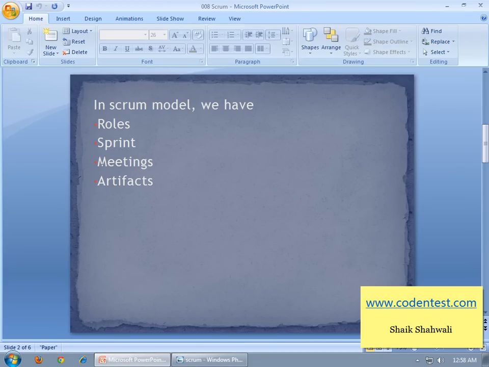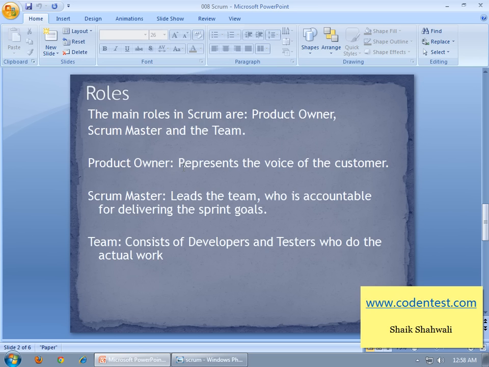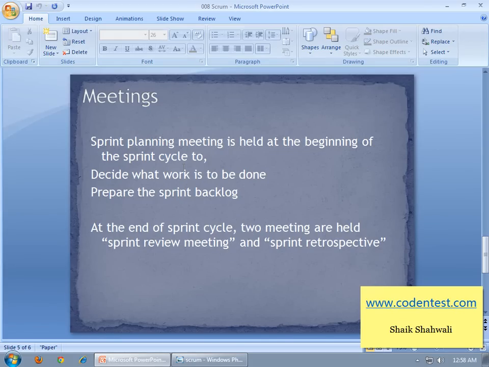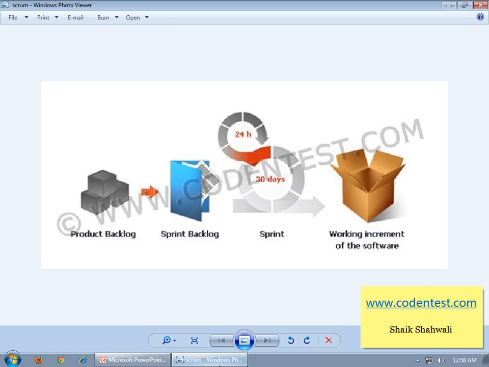Next we have meetings. Sprint planning meeting is held before starting a sprint cycle. Before starting any sprint cycle, sprint planning meeting is held.